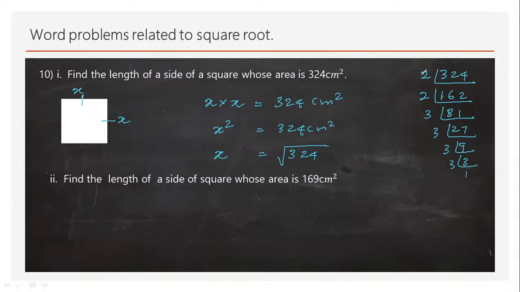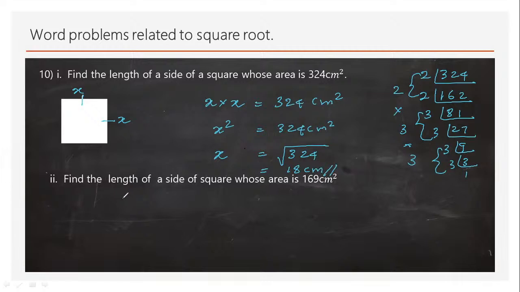So for the square root, take 1 two from this, 1 three from this, 1 three from this. 2 times 3 is 6, 6 times 3 is 18. Then what is the side? 18 centimeter. You can get the side length like this.